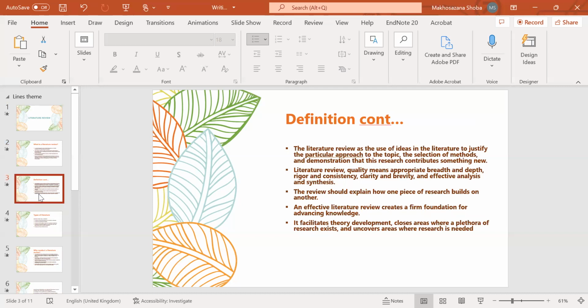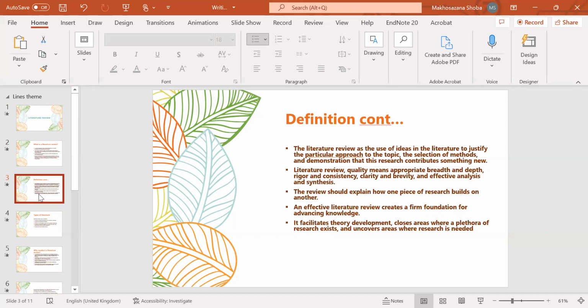Engaging with ideas in the literature to justify a particular approach to the topic, selecting methods and demonstrating that this research contributes something new.